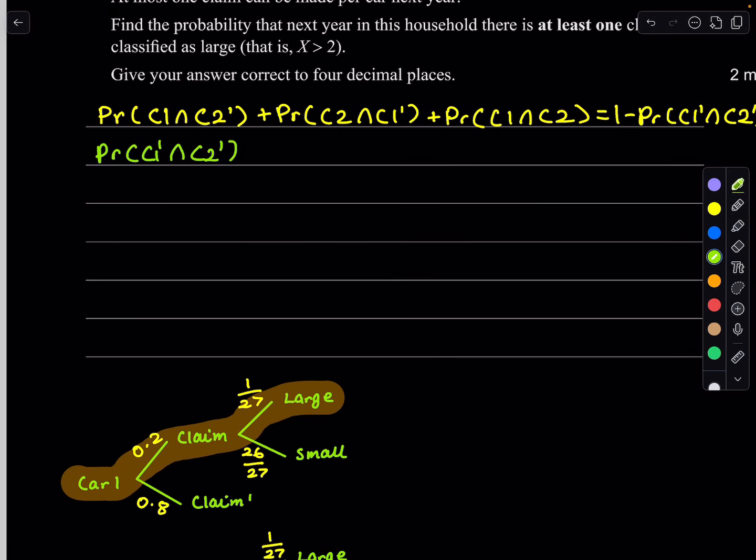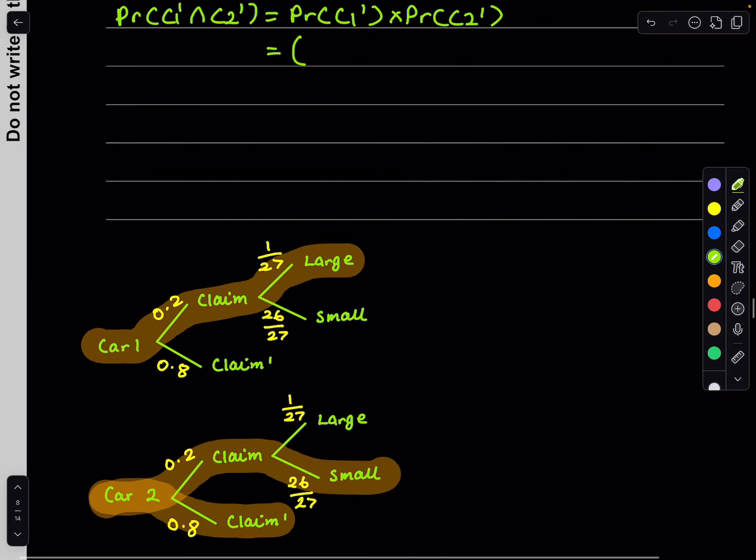Now we know that they're independent events. Remember, when you want to find an intersection, it's just the probability of car 1 times the probability of car 2 not getting claimed. What is the probability that car 1 does not get claimed as large? Let's look at the possibilities.